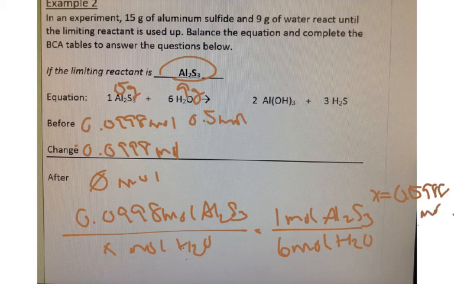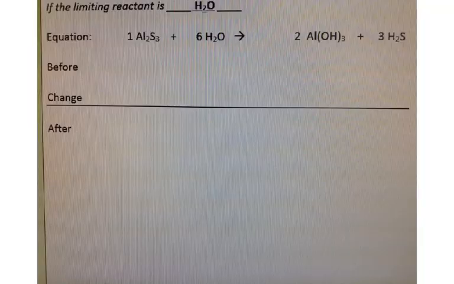So therefore I would need 0.5988 moles, which means I would end up with a negative 0.0988 moles of water. All right, which means that somehow I used up more water than I had. So now I know aluminum sulfide is not the limiting reactant.